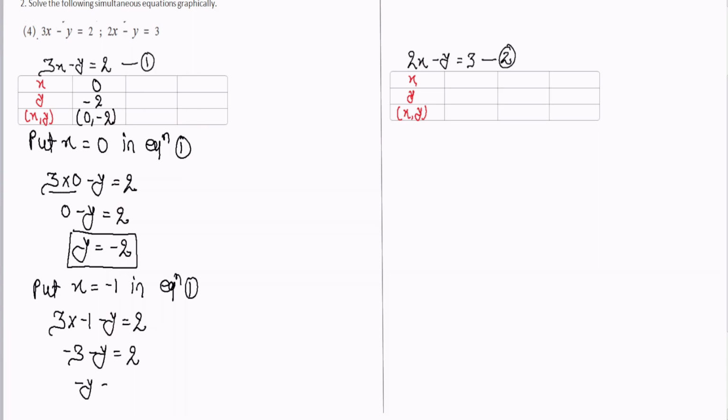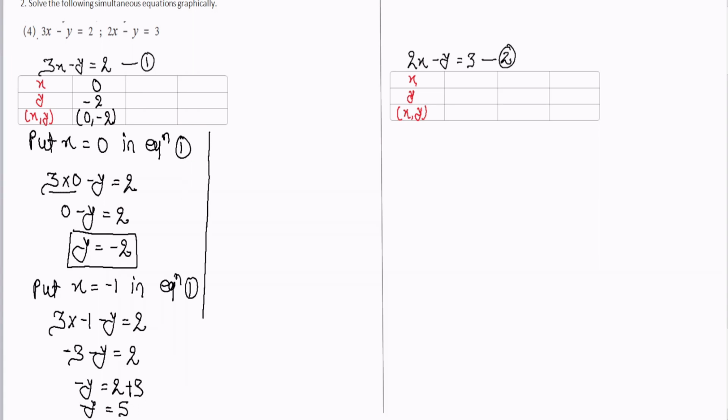So minus y is equals to 2 minus 3. Now this minus 3 will be shifted to this side. So this will be plus now. Okay. So minus y will be equals to 2 plus 3, 5.